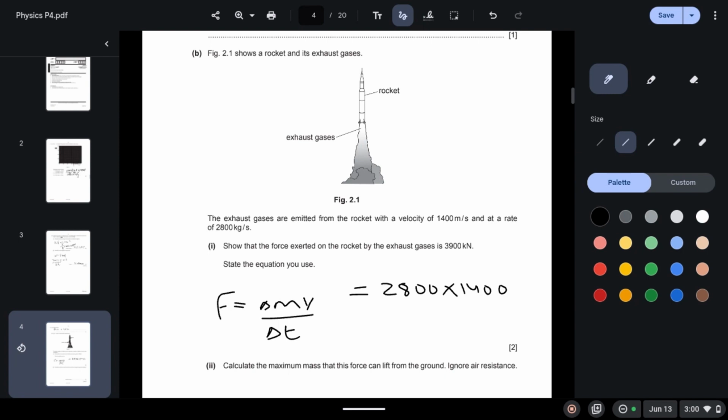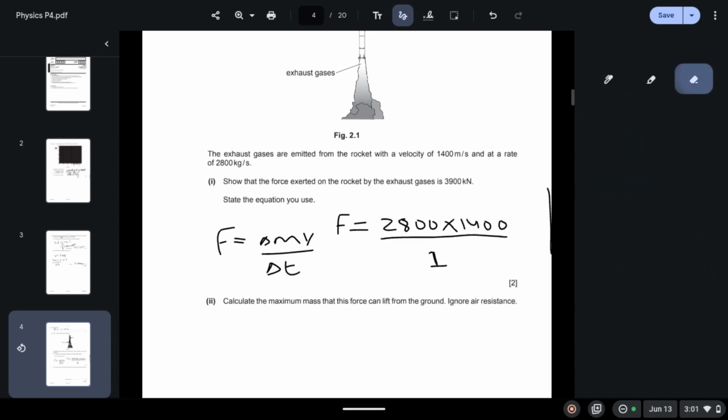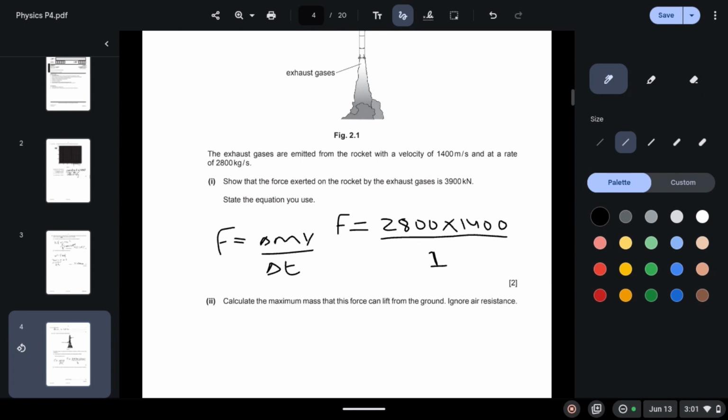Since we are taking per second, time will be 1 and this will give you the force. So upon calculation, your answer will come out to be 3,920,000 newtons. This is your answer.